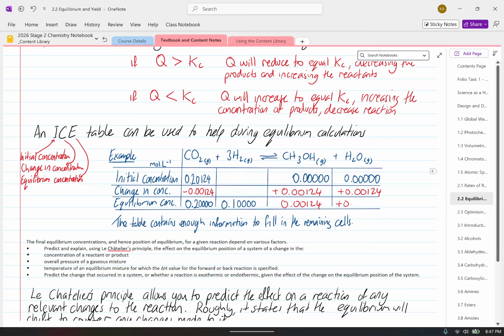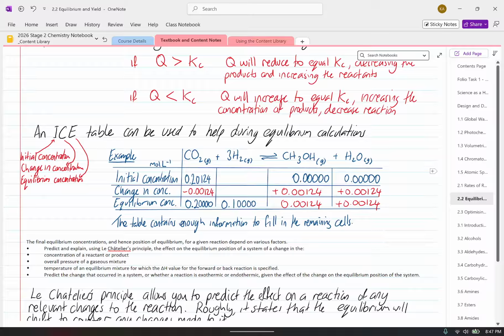The only one we may need a calculator for is our H2. For this reaction, for every unit of concentration our CO2 decreases, we need 3 times as much hydrogen. That means its concentration is going to decrease by 3 times as much. So instead of a decrease of 0.00124, I'll multiply that by 3 in my calculator, and that gives a decrease of 0.00372.